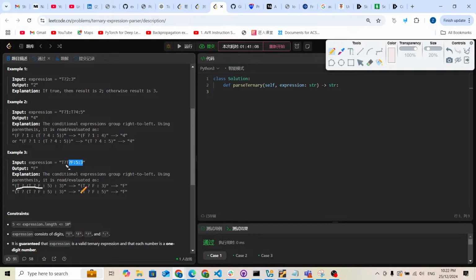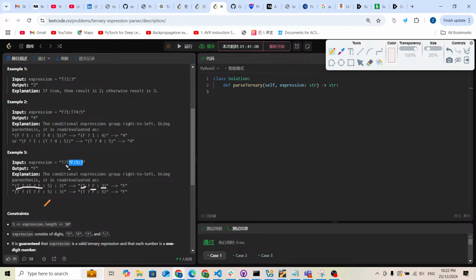If it is a T, we're going to get F. So this is a T question mark, and this is F, and we're going to get F, and then we have a 3, and this is a T, and we're going to get F.